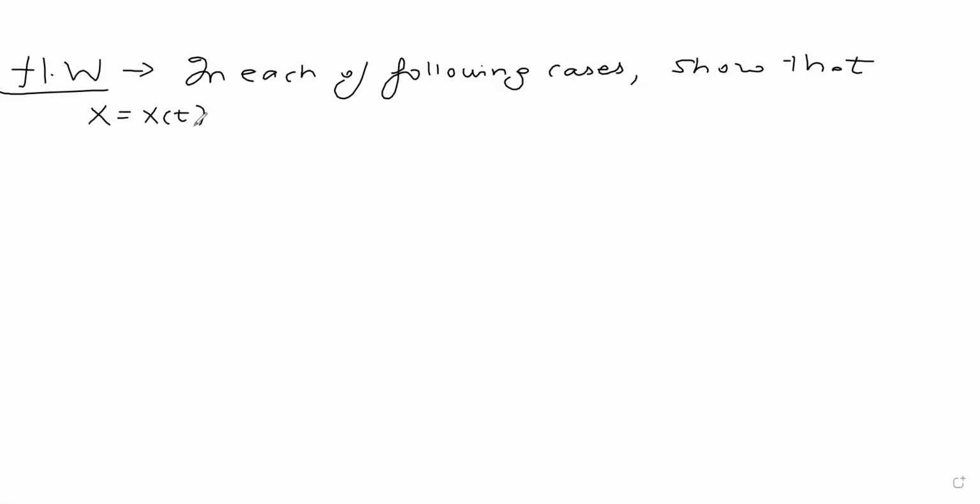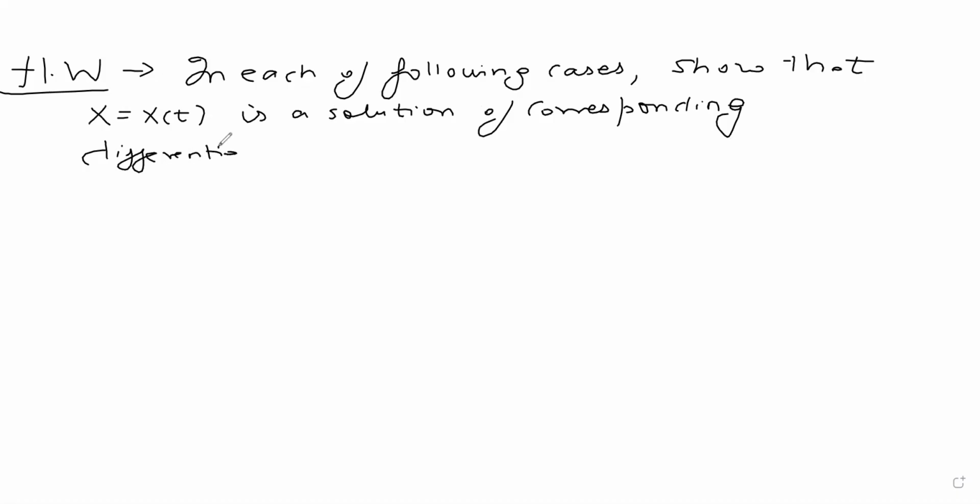In each of the following cases, show that x as a function of t is a solution of the corresponding differential equation, x dot as a function of t and x.